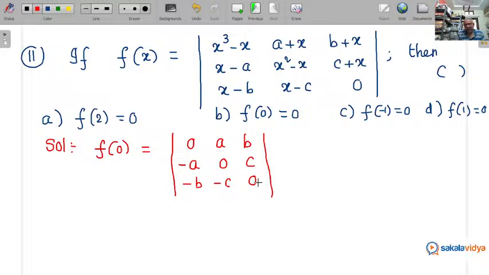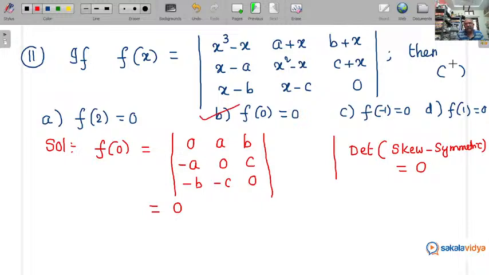This is nothing but the determinant of a skew symmetric matrix. Determinant of a skew symmetric matrix is always 0. So, the determinant of this matrix is 0. So, f of 0 is equal to 0. B is the right option.